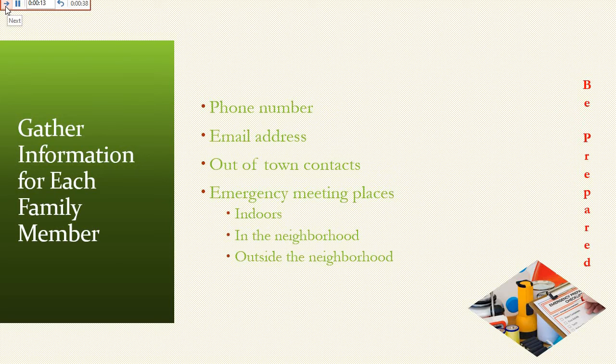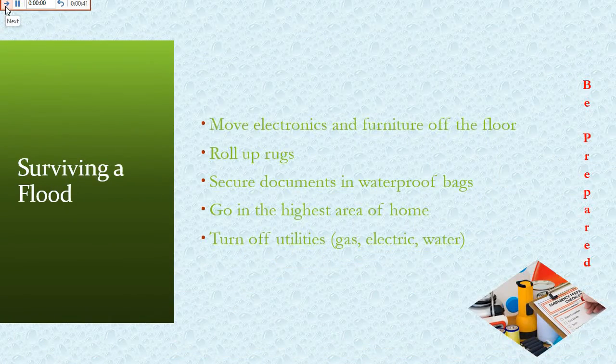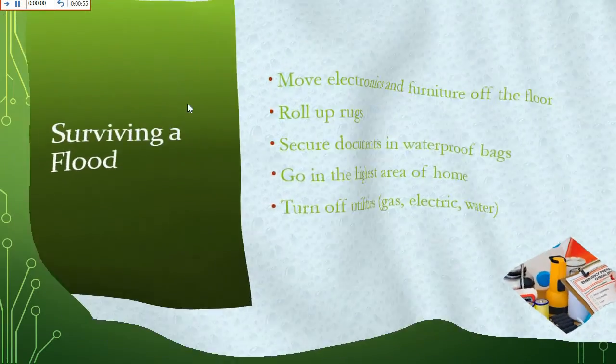Sorry for the delay time, just letting it run through. And then when I do the next one, it says wait till 55 seconds. So basically what you'd be doing in a presentation is saying, okay, if you're surviving a flood, do this, this, this, and this: move electronics, roll up the rug, secure documents, go into the highest area, turn off the utilities. And then it would automatically be changing.